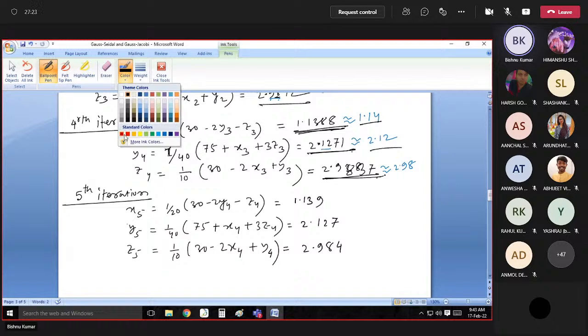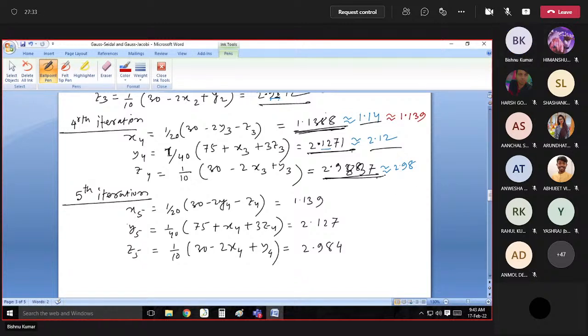Now, what I am doing: if I round up this value up to 3 decimal places, it will be 1.139, isn't it? Yes, sir. From here, if I do not round up but simply truncate up to 3 decimal places, you just see this is 2.127.